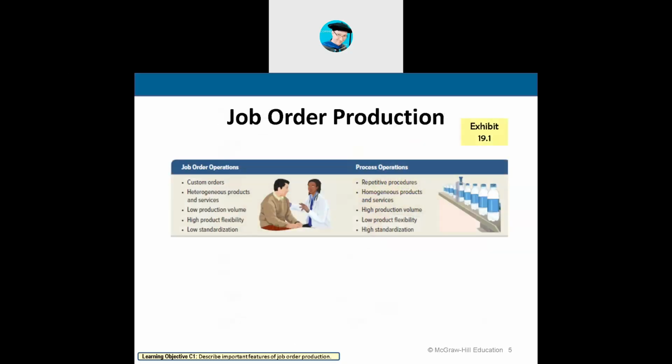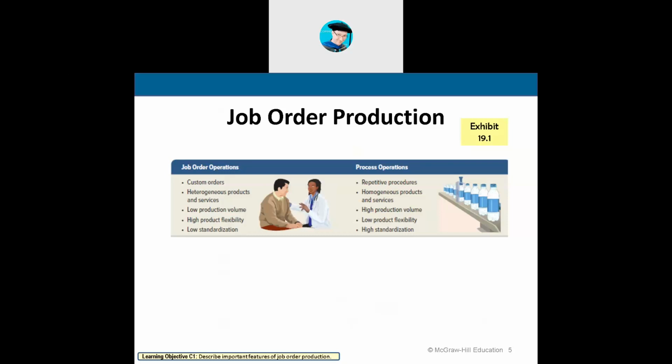So again, the difference between the two, job order costing: specific customized orders, heterogeneous products and services, meaning that there's a variety of them. Low production volume, we only make a few trucks rather than hundreds of thousands and shipping them off to the dealers.